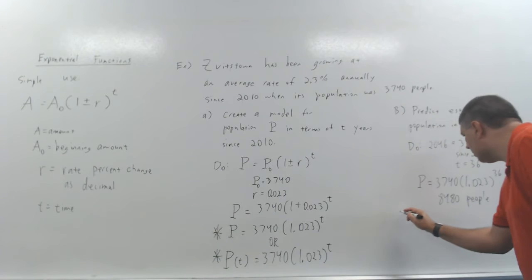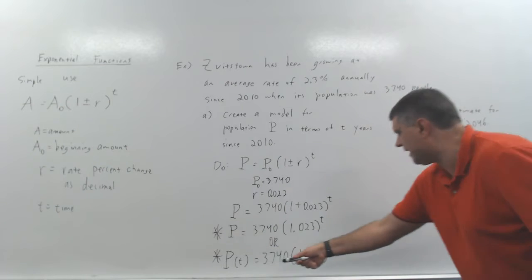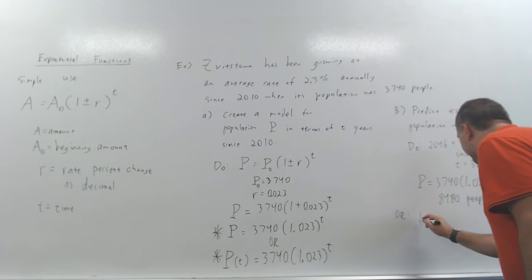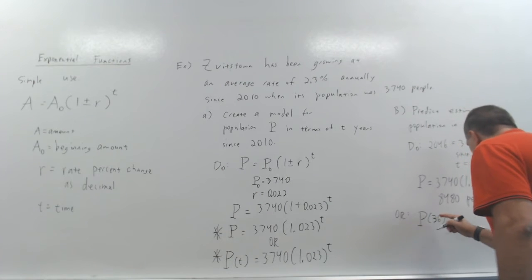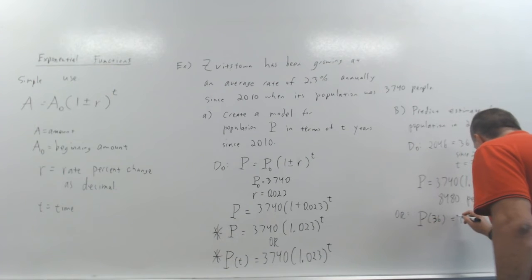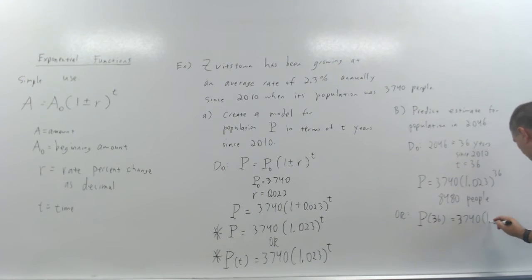Okay? Or you could have done it using this notation. So P of 36 would equal 3,740 times 1.023 to the 36th power, which is the same answer.